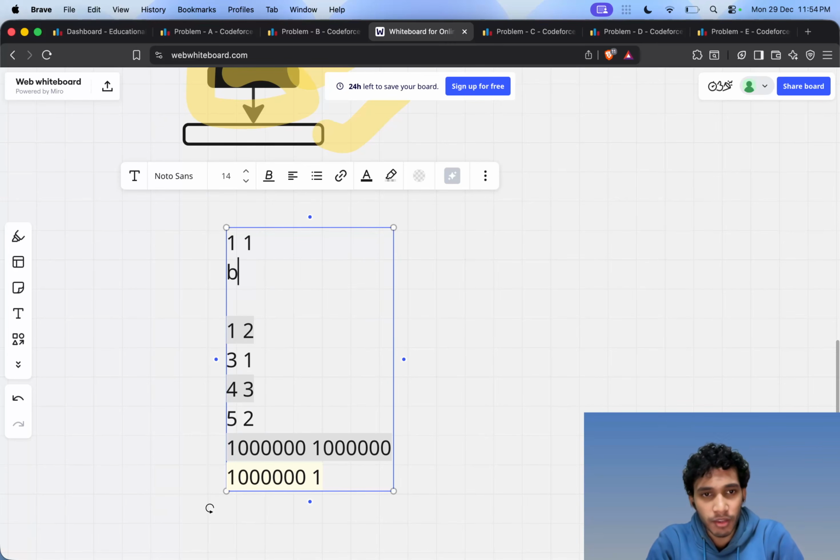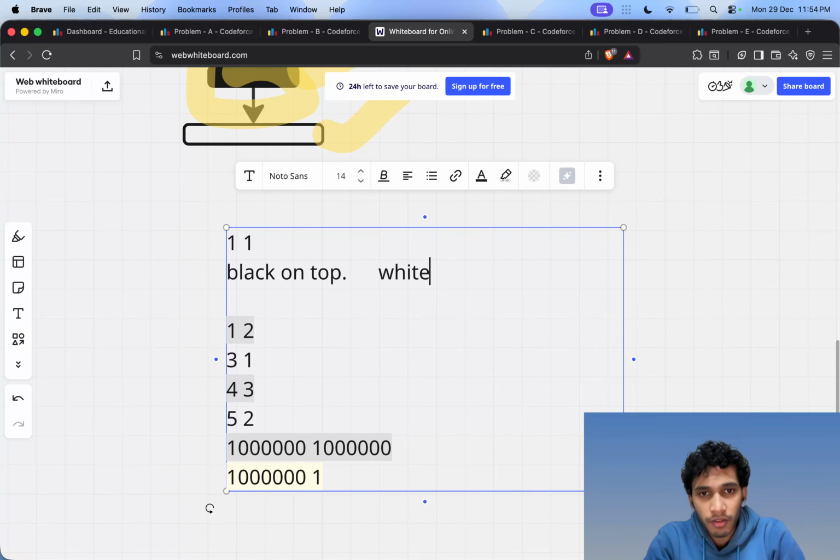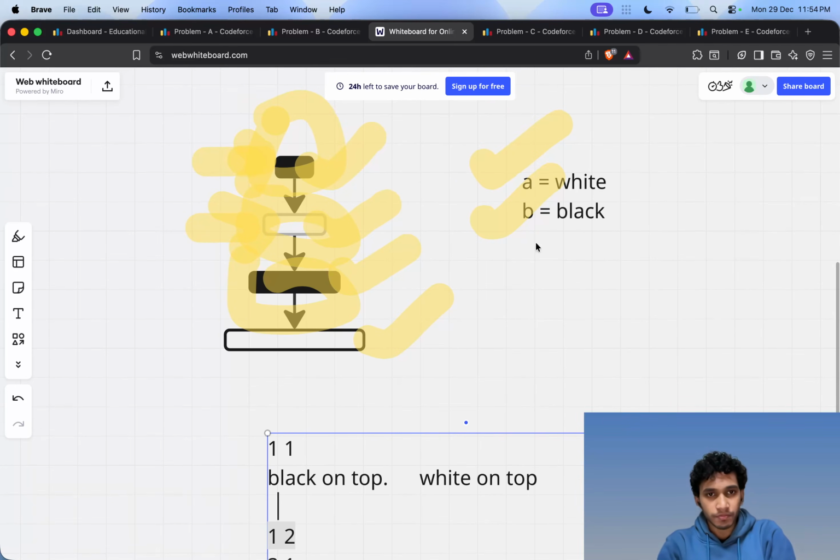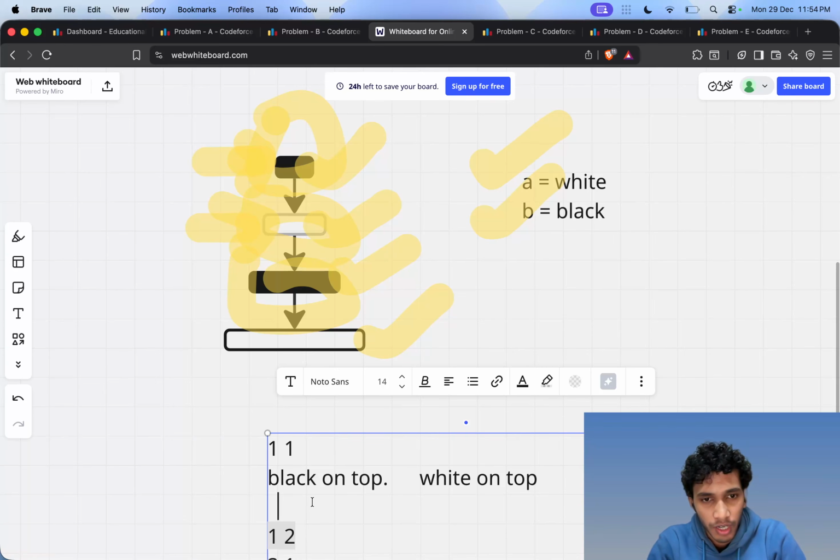Let's say black is on top, and the second is the case where we have white on top. For black on top, how many layers can we form? In the first layer, we want one amount of chocolate. Do we have one amount of chocolate? Yes, we do, so one layer is possible.